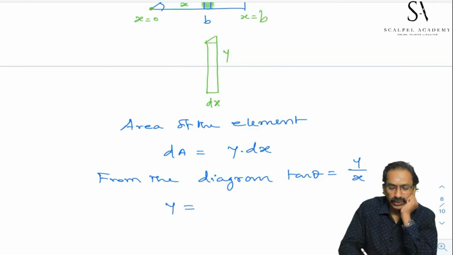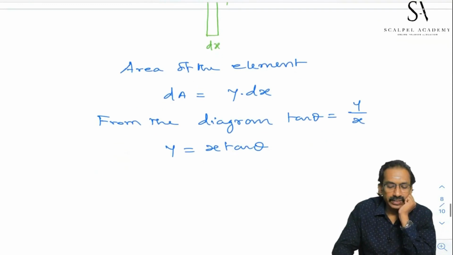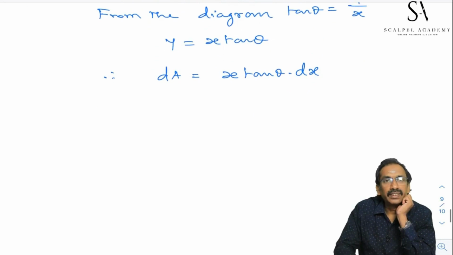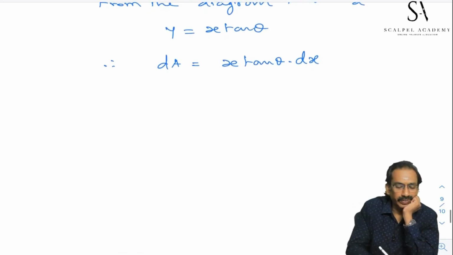Then y is equal to x tan theta. Here theta is constant. Therefore, dA is equal to x tan theta into dx. Here the variable is x. Tan theta is constant.